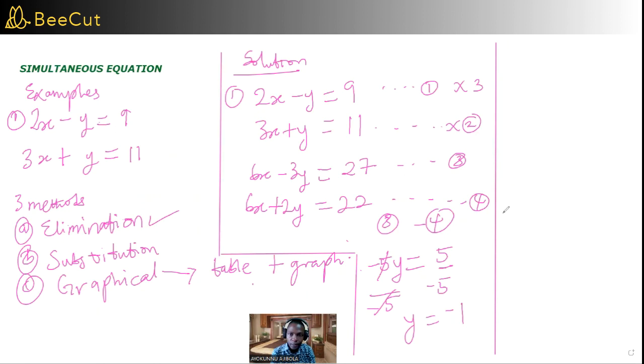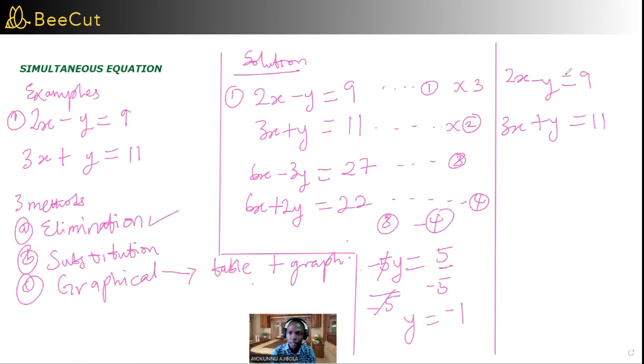So I come back to the equation 2x minus y equal to 9, then 3x plus y equal to 11. So here now, I eliminated x to find y. Let's eliminate y to find x. To eliminate our y, we don't need to find any LCM again because they are the same value, 1y and 1y.